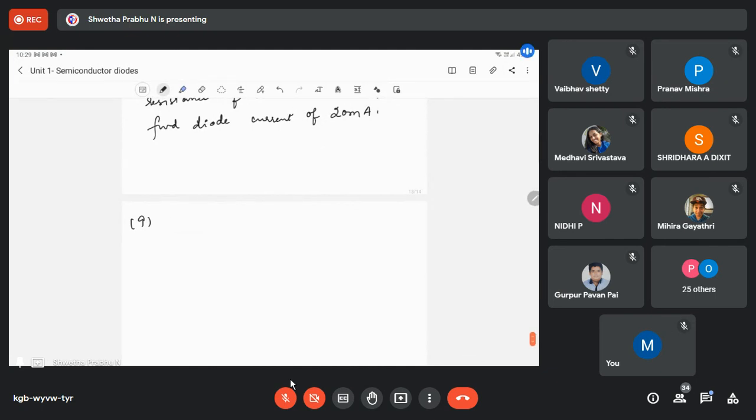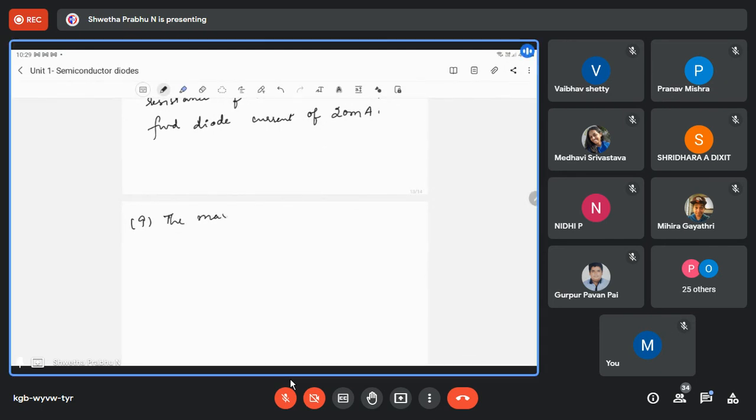Okay. Next question. The maximum power dissipation of a silicon diode with a forward voltage of 0.9 volts is 1.5 watts at 25 degrees Celsius.